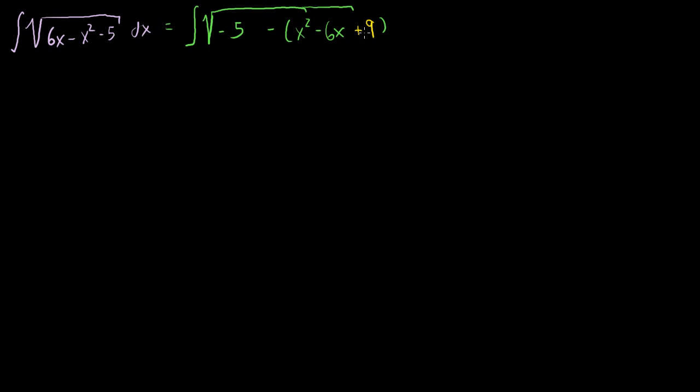Now, I can't just arbitrarily add 9s. What did I do? I subtracted a 9, because I threw a 9 there, but it's really a minus 9 because of this minus sign out there. So in order to make this neutral to the 9 that I just threw in there, I have to add a 9. So plus 9 right there. If this doesn't make complete sense, and obviously you have the dx right there, multiply this out.